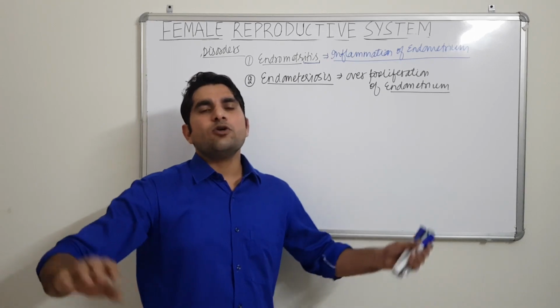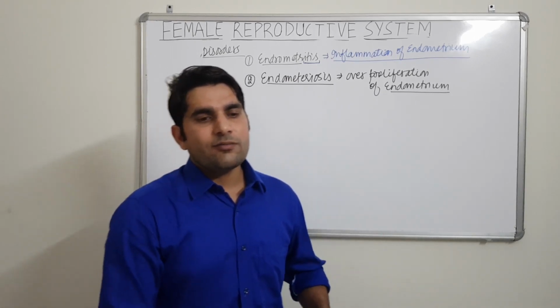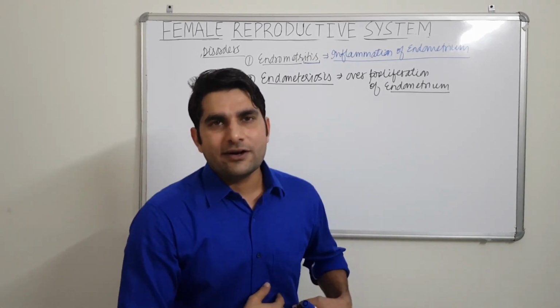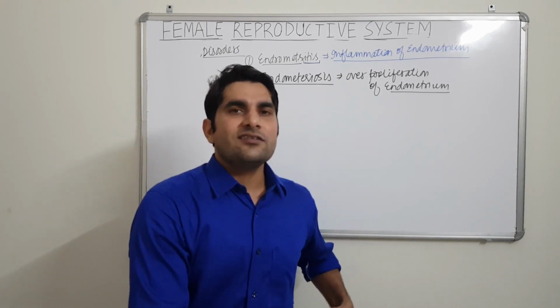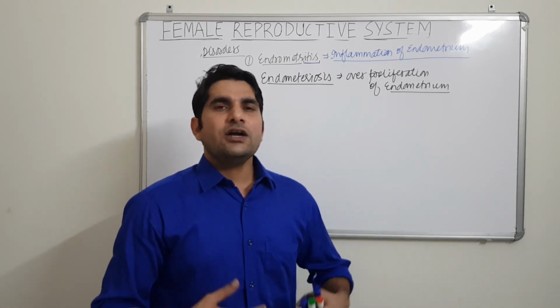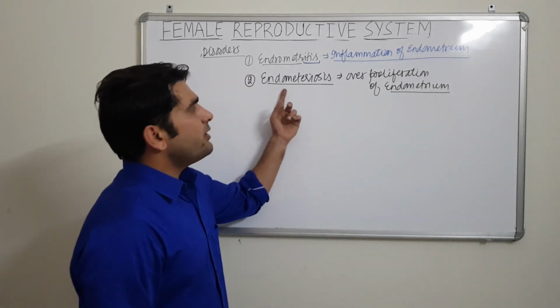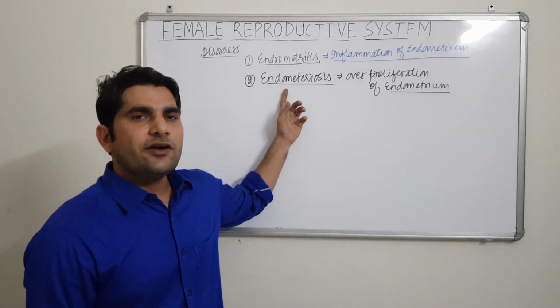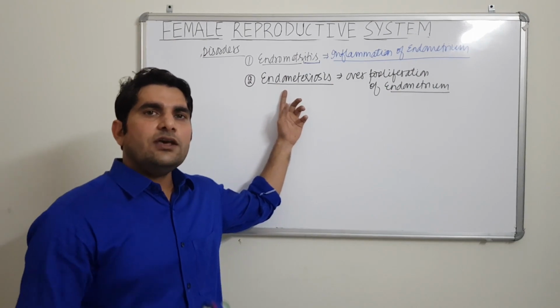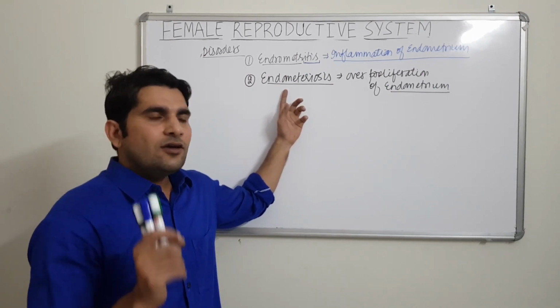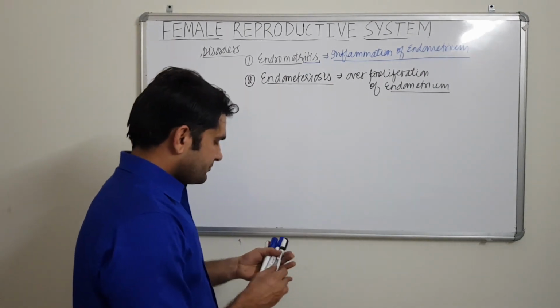If endometrium is overproliferated, sometimes endometrial lining is also present over the urinary bladder, or it goes to the ovaries, to the fallopian tube, it comes to the cervix. All those conditions are known as endometriosis. So overproliferated endometrium in the tubal part, in the ovary, in the bladder, in the cervix, we call that endometriosis.